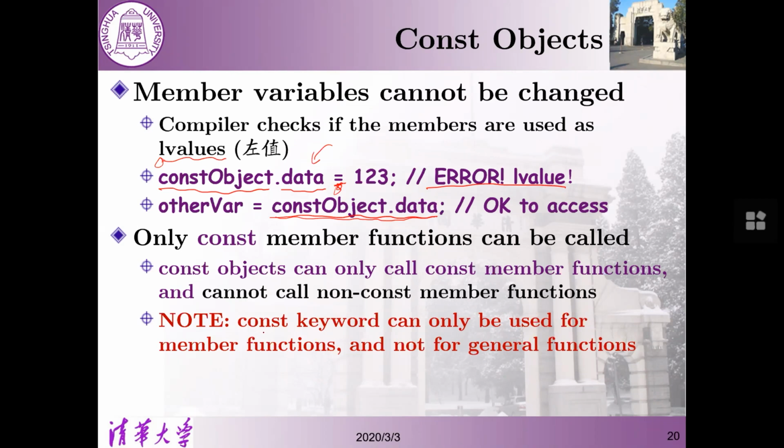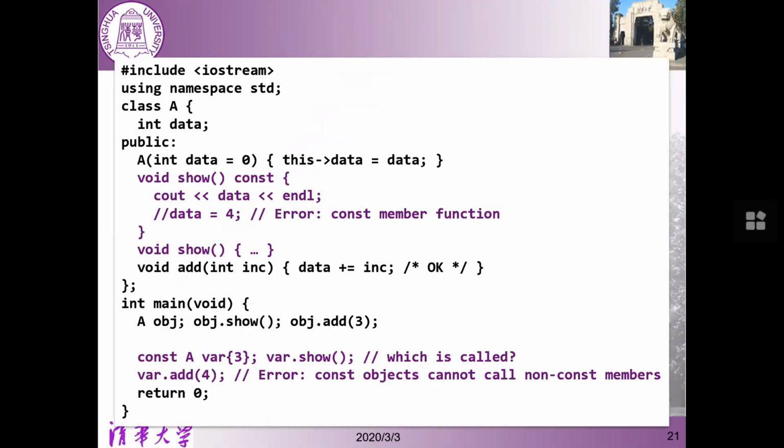Okay. Then const keyword can only be used for member functions, not for general functions. So we cannot define const general functions. Okay. Here's an example. We can see here we have show, and this is const, and we have another show, the non-const version. Then we define a const variable, a const object.